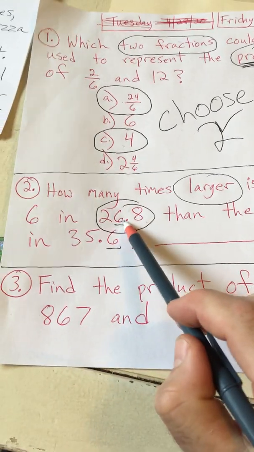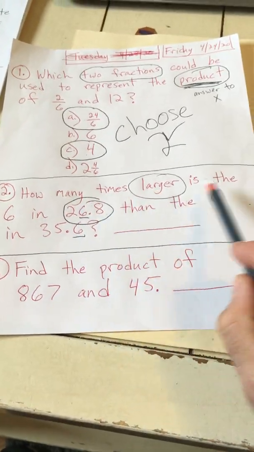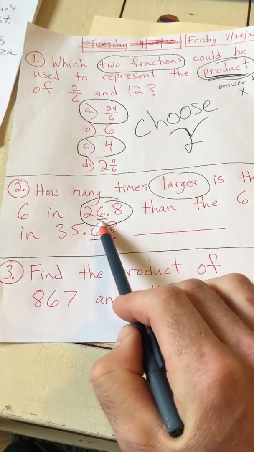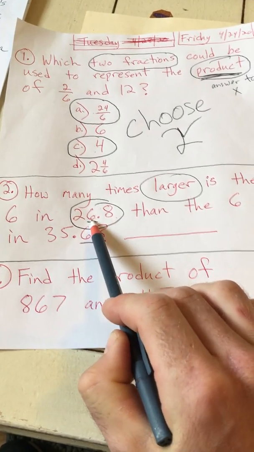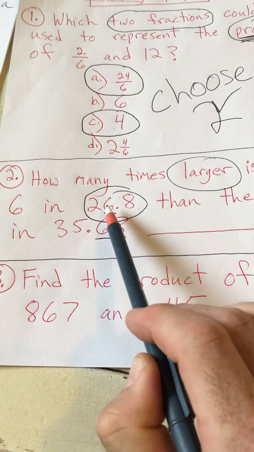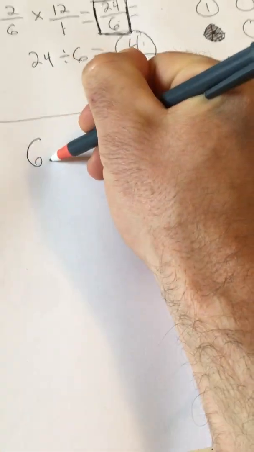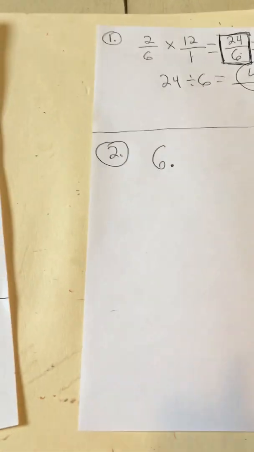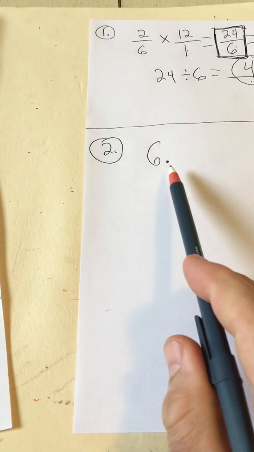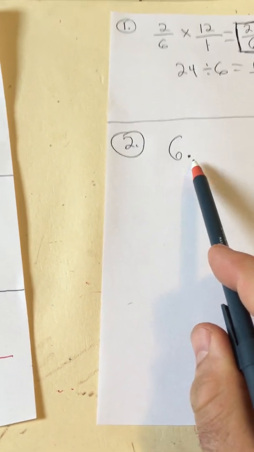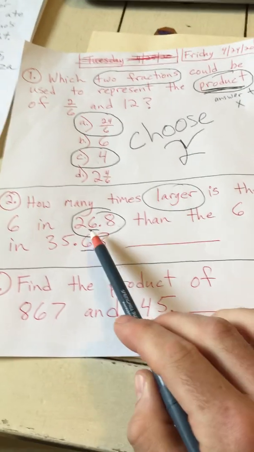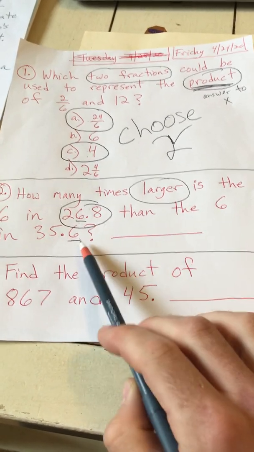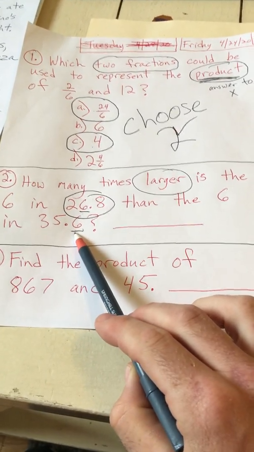So the 6 in 26.8, because it says how many times larger is the 6 in 26.8. That's 6 ones, because that is the ones place right before the decimal point. So that's 6. And I'm going to put the decimal point there just to make sure that I don't make any mistakes when moving it. So 6, how many times larger is 6 than this 6, which is 0.6?